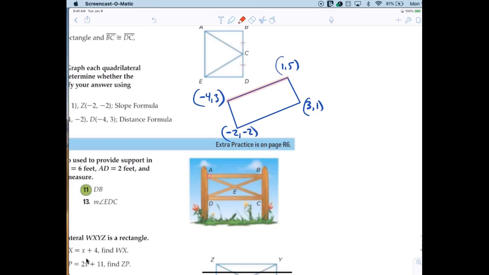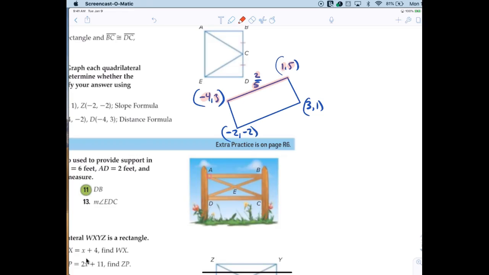Let's say you're not 100% sure. It's change in y: I went from 3 to 5, which is 2, and from negative 4 to 1, which is 5. So the other slope has to be negative 5 over 2. Let's see if that's correct.